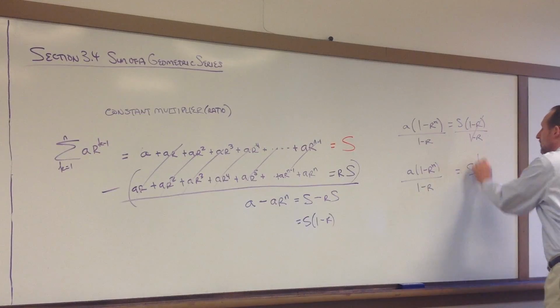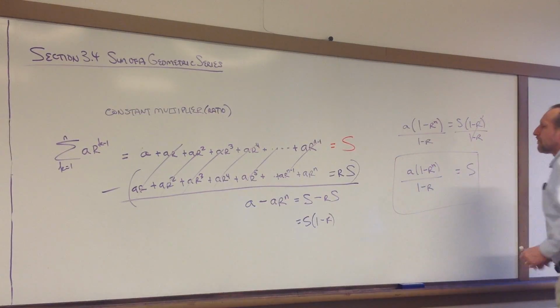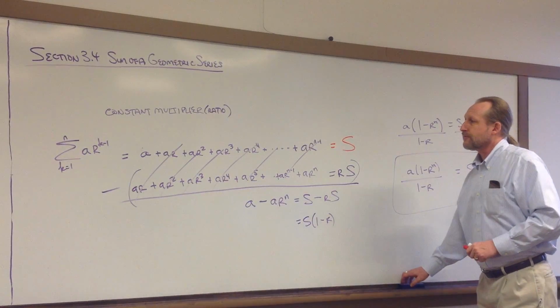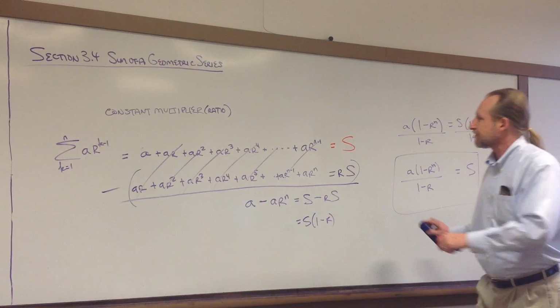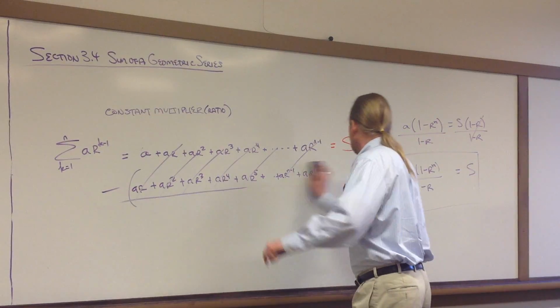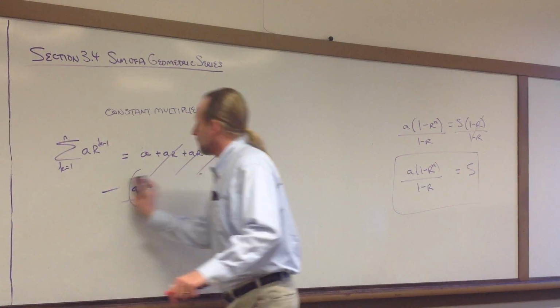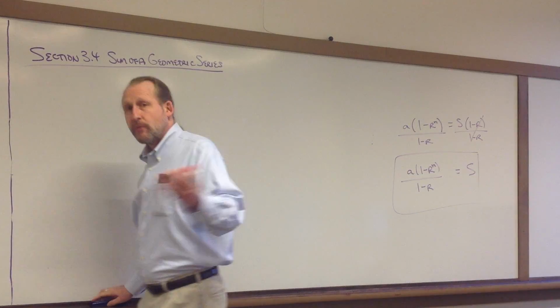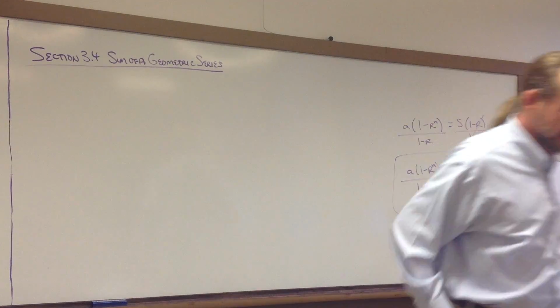So there's our formula for a finite geometric series. This is going to be the sum for a finite geometric series. Now, let's look at a couple examples, and then we'll talk about what happens with an infinite geometric series.